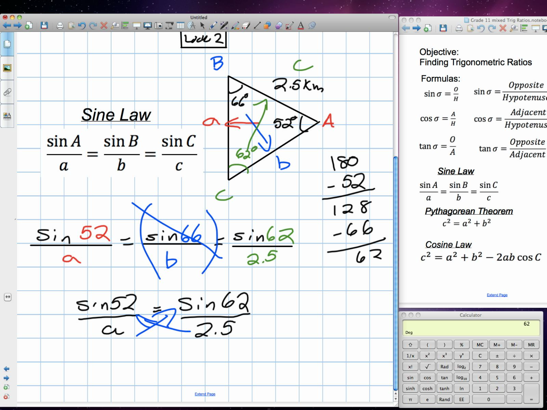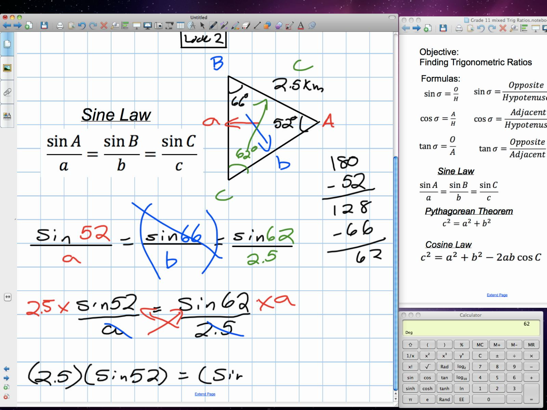I take the bottom of one side and multiply it over here, and I take the bottom of the other side and multiply it over here. So when we cross multiply, draw our arrows. This will have an A here, and this will have a 2.5 over here. So we'll be getting rid of the bottoms. That's what cross multiplying is. So I'm now left with 2.5 multiplied by sine 52 is equal to sine 62 multiplied by A.